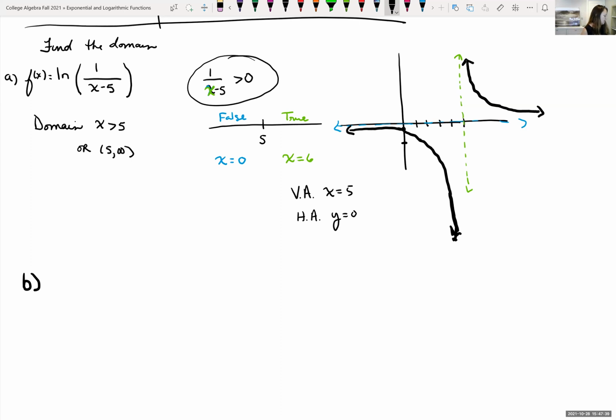So let's look at one more. Find the domain of, let's say, f of x equals the square root of the natural log of x.